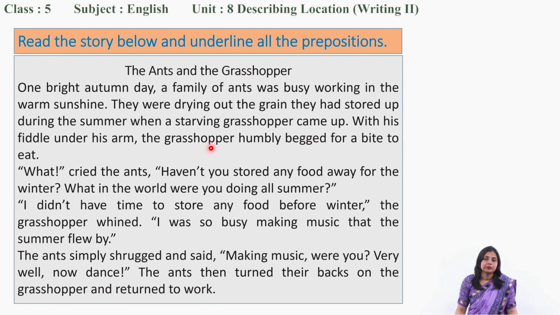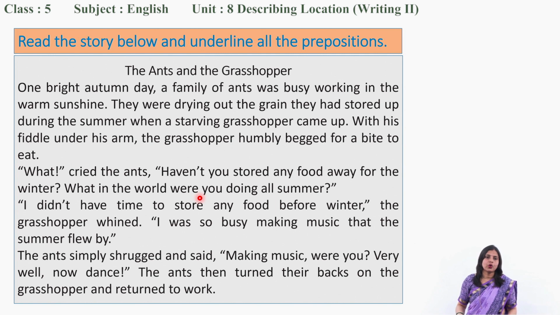Then who came? Good, the grasshopper came there, right? And the grasshopper was starving, means he was hungry, very hungry. Yes? With his fiddle under his arm, the grasshopper humbly begged for a bite to eat.